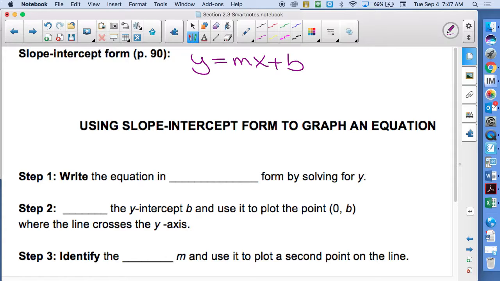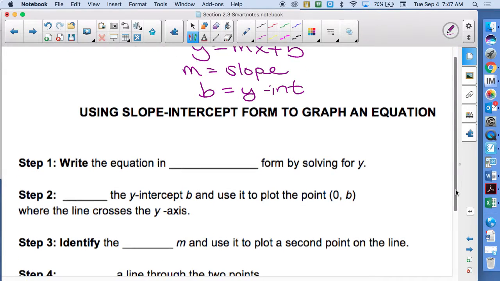The m is the slope. The b is the y-intercept. So the slope-intercept form of a line is the equation y equals mx plus b. And as she said, the m is the slope, the b value represents the y-intercept, where the graph crosses the y-axis.